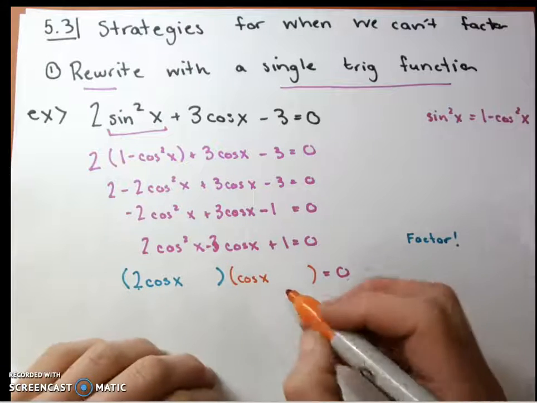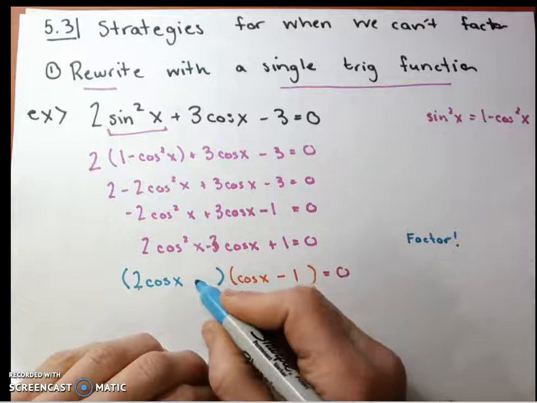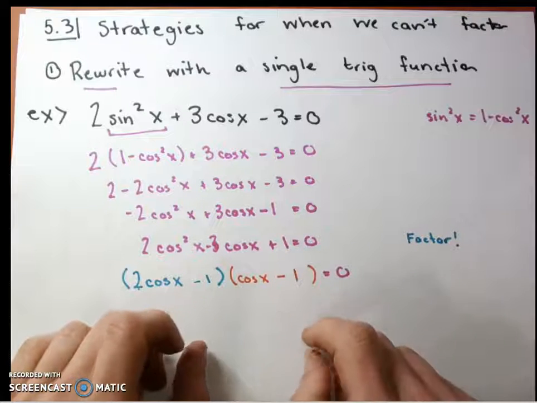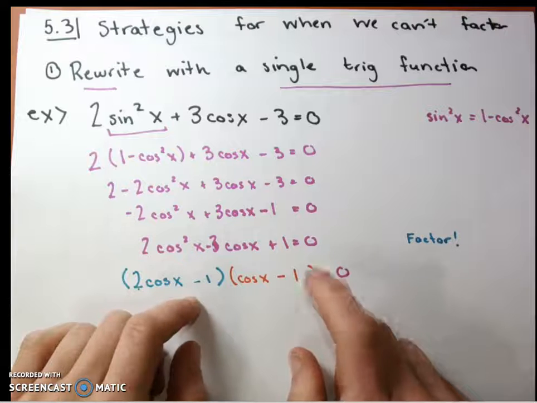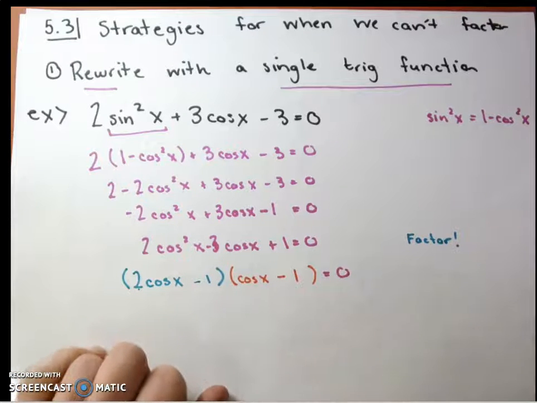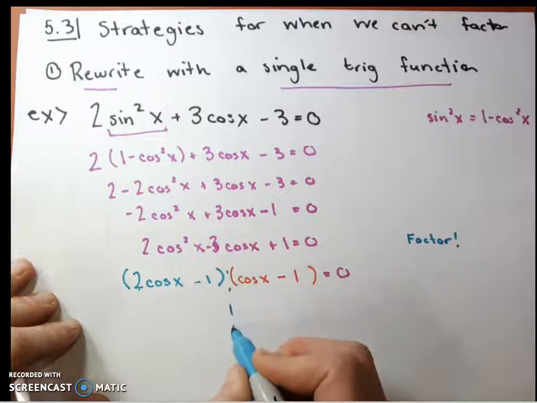This is an indicator that I'll have to put -1 here and also -1 here, because the only way to multiply to 1 is by multiplying 1 and 1 or -1 and -1. Since the middle term is negative, I use both minus. So now I'm going to solve each of these.